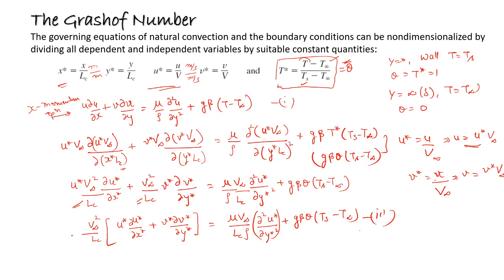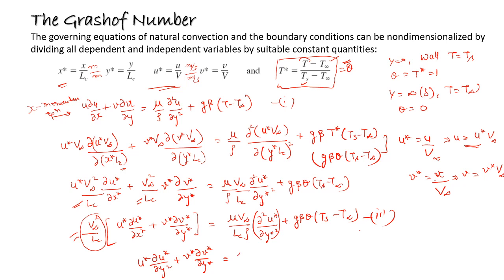So if we take this V square upon LC to the right side and modify it, we have u star derivative of u star over derivative of x star plus v star derivative of v star over derivative of y star is equal to, I'm not doing all the mathematics here, you can simply divide this on the right hand side completely.